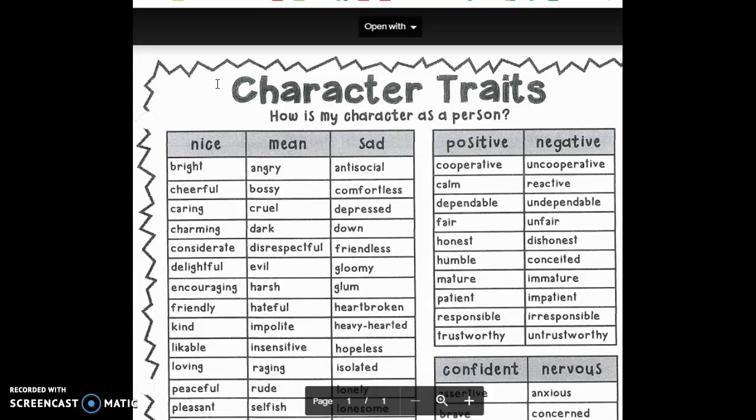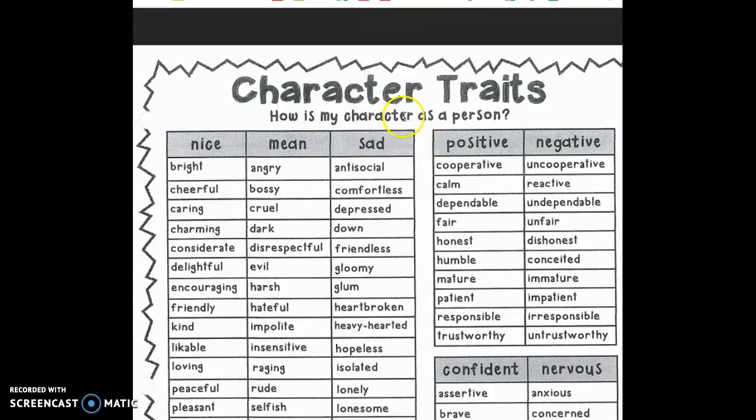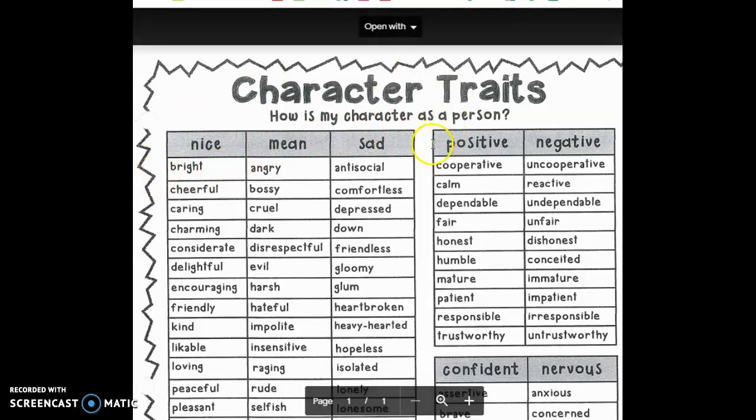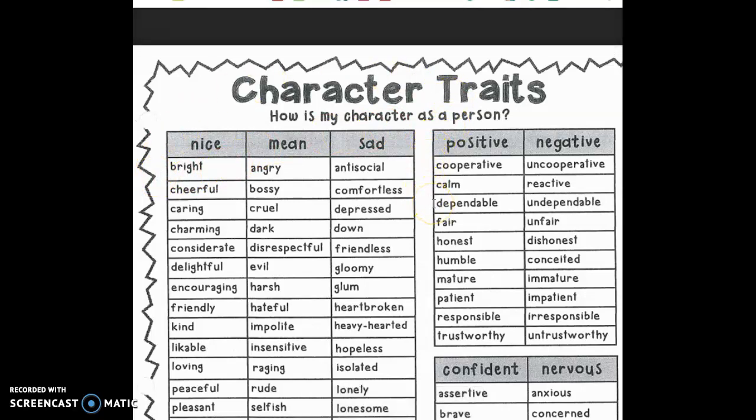So if I were to write my paper about Sal, I want to think about words that would describe Sal. Looking through these words, I see the word dependable. I think I could describe Sal as dependable. Now, the word dependable means that you can count on that person.